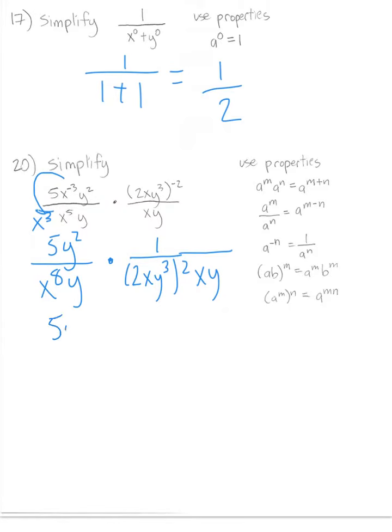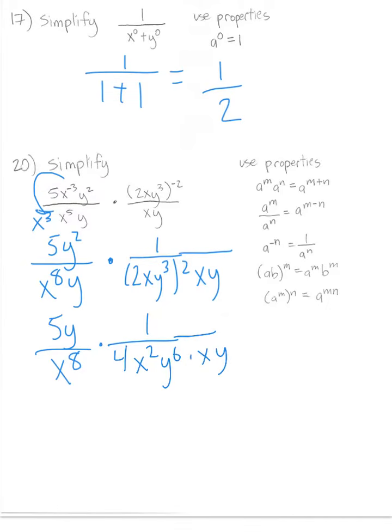It's going to become 5y over x to the eighth times 1 over, I'm going to go ahead and distribute this squared, and that's using this property over here. And what that's going to look like is 2 squared is 4, x to the second is x squared, and y cubed squared is y to the sixth. And then I still have times xy.